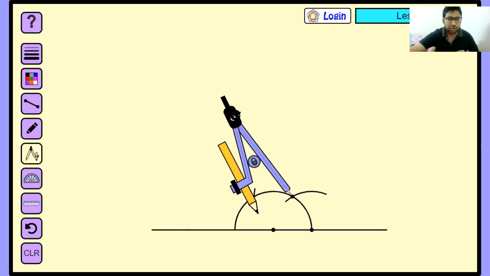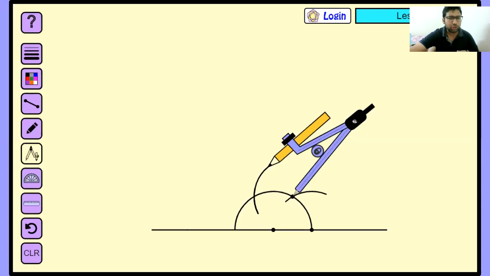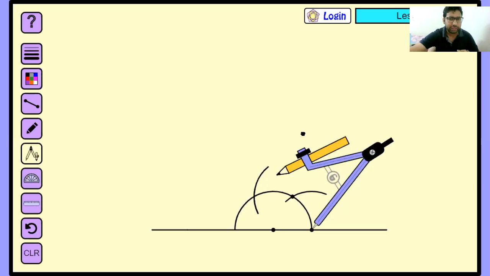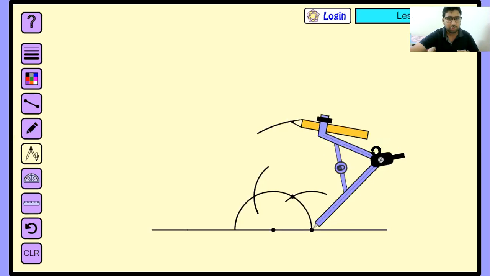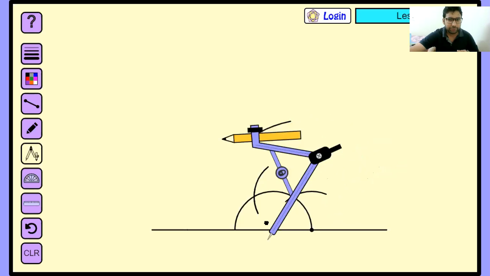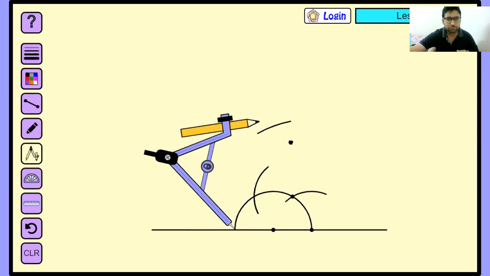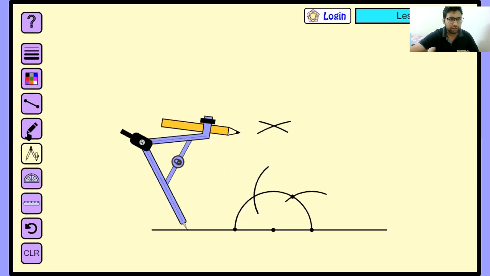Then we want an angle of 90 degree. For that, again, same procedure you can follow, or you can go for that also, because here we have the center. To make 90 degree angle, I will keep compass on 0 degree, open it more than half, take the first arc, then keeping on 180 degree, I will take another arc like this, and we have got the required angle 90 degree like this.